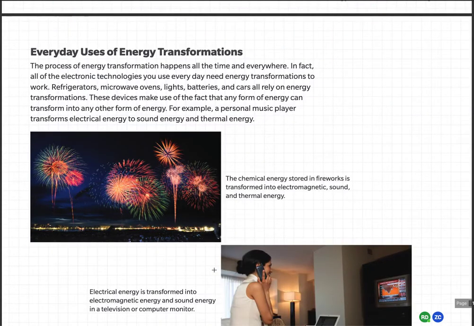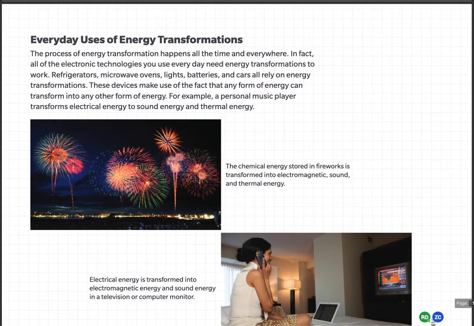So here are different types of energy transformations. Fireworks are an energy transformation. They take chemical energy, because fireworks are made from a bunch of chemicals, and you shoot them up into the sky, then it explodes. And so it's turning into electromagnetic energy, which is the light that you see, the sound, the heat.